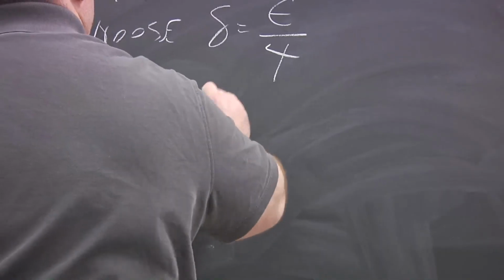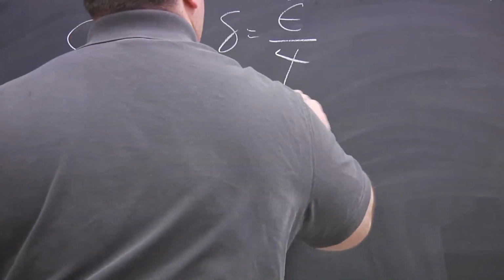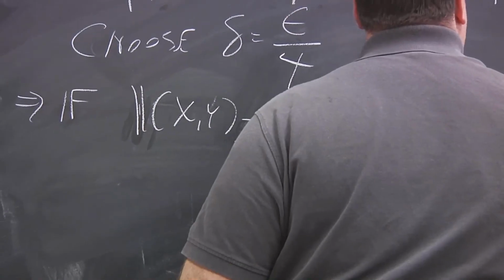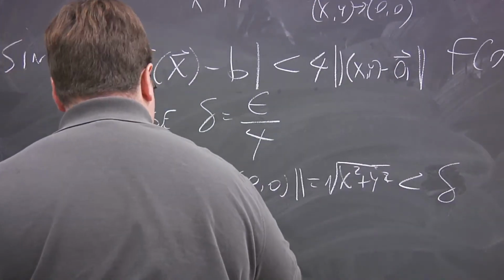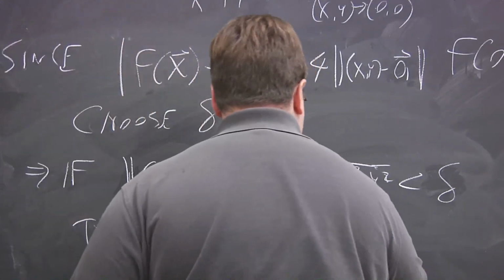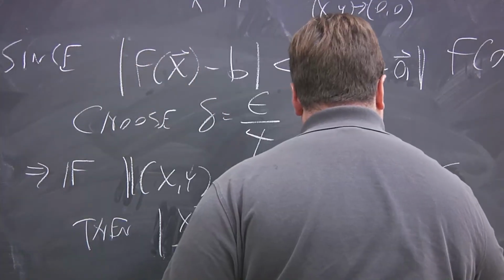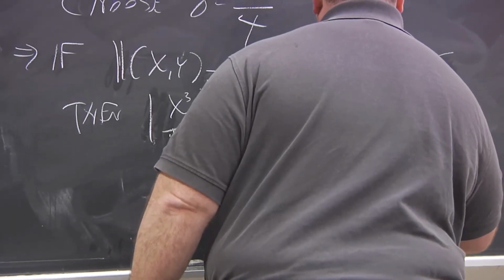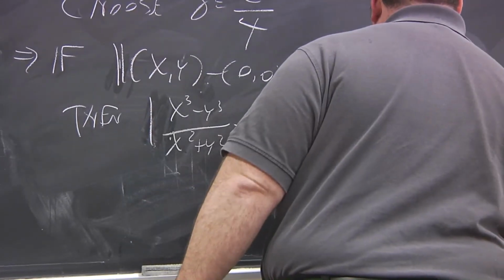So if the distance between (x, y) and (0, 0), which is just the square root of x squared plus y squared, is less than delta, then the distance between our function and the limit we think it has, 0, which we already know is less than 4 times the square root of x squared plus y squared, is less than or equal to 4 delta, equal to 4 epsilon over 4, which is equal to epsilon.